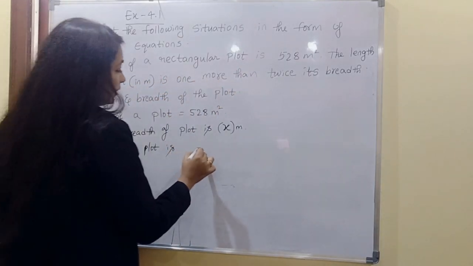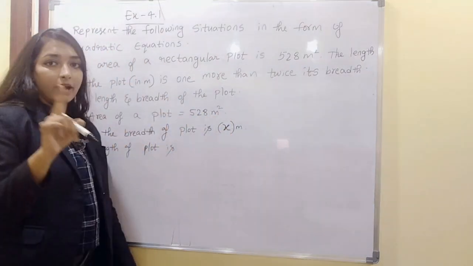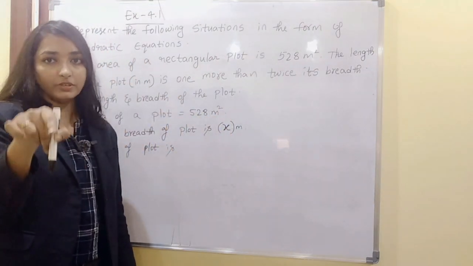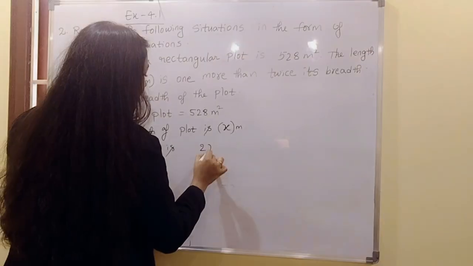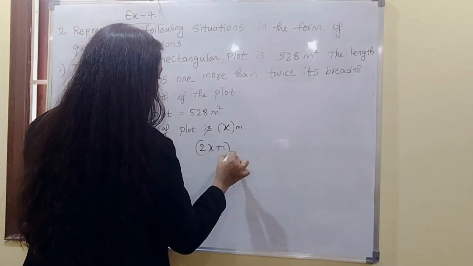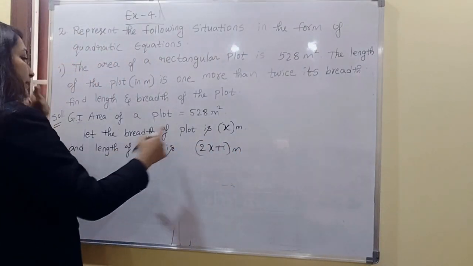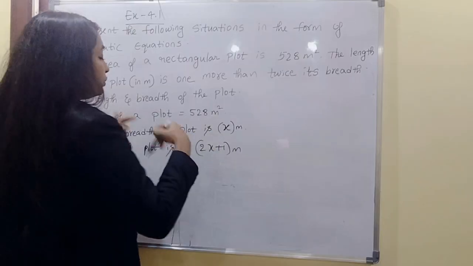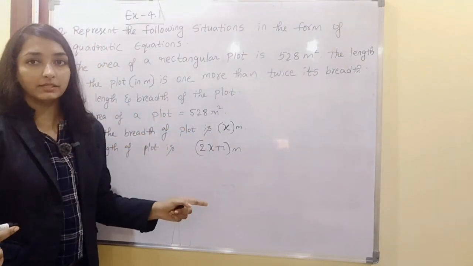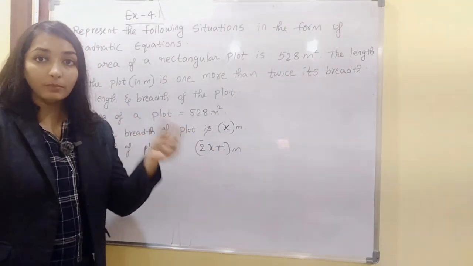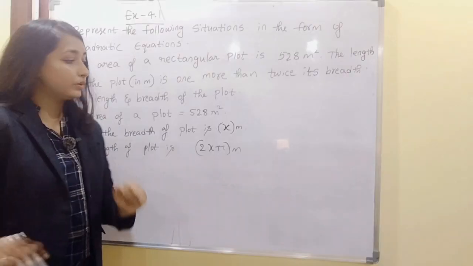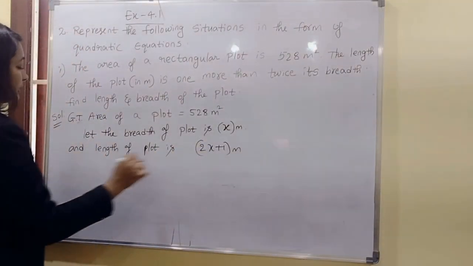It means we add 1 to twice its breadth, that is 2x plus 1 meter. Is it clear? So the breadth is x meter, then 2 times the breadth means 2x, 1 more than means plus 1, so 2x plus 1, that is the length.